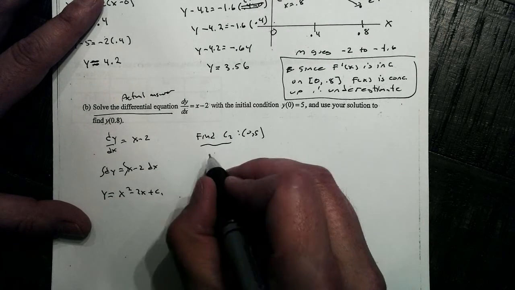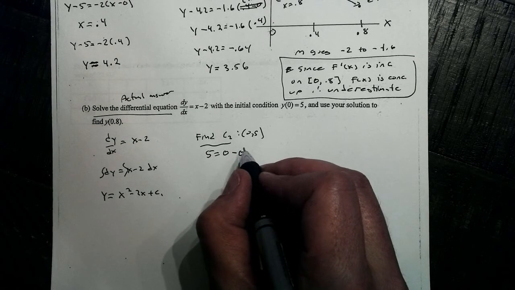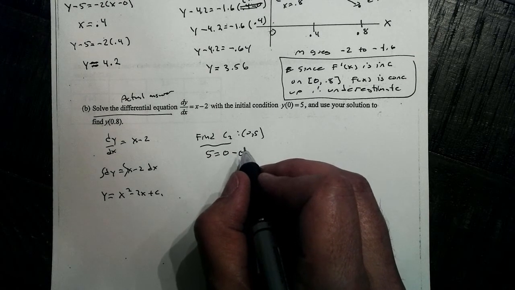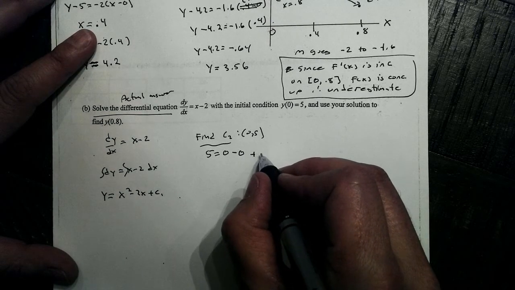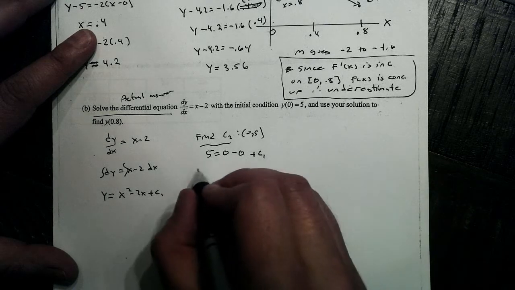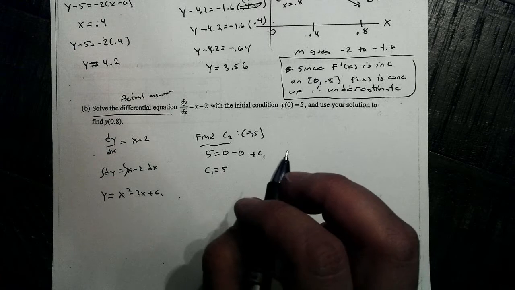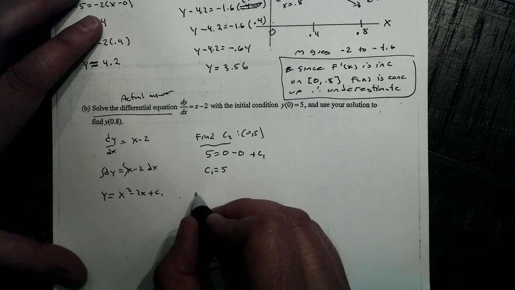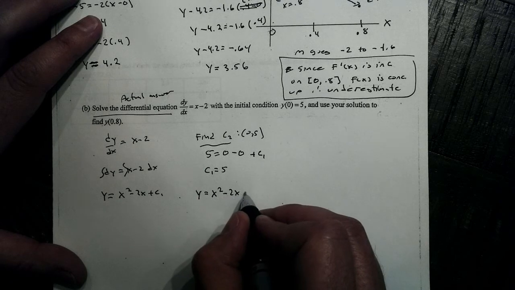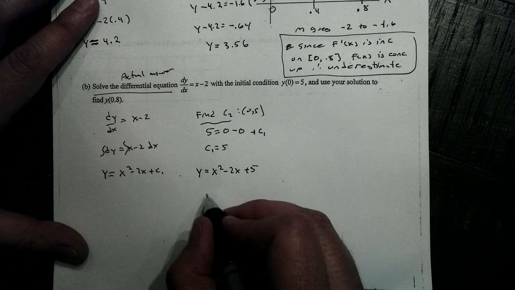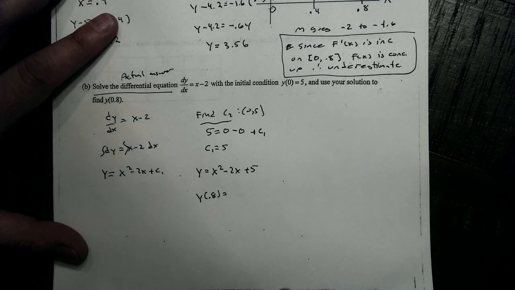We would get 5 equals 0 minus 0 plus C1, and C1 would equal 5. So our equation then would be y equals x squared minus 2x plus 5. And then I can just plug in the 0.8 right there.